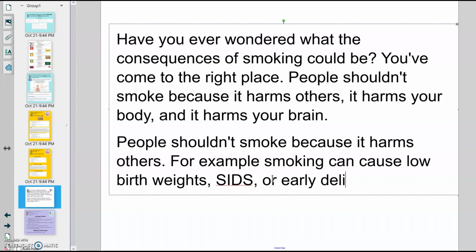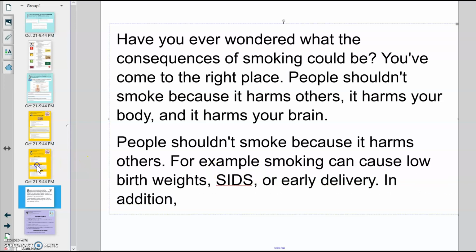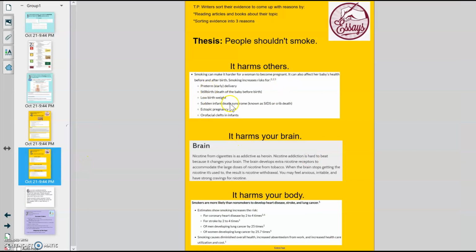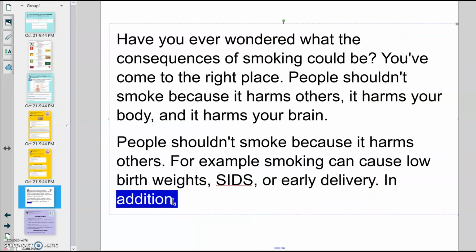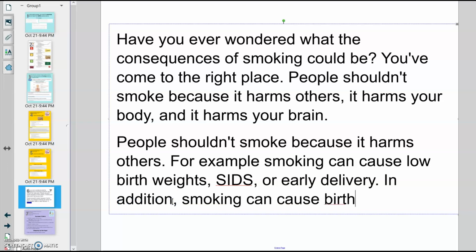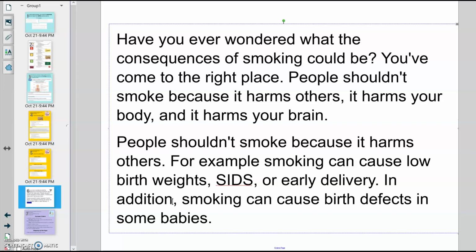In addition, smoking can cause birth defects in some babies.